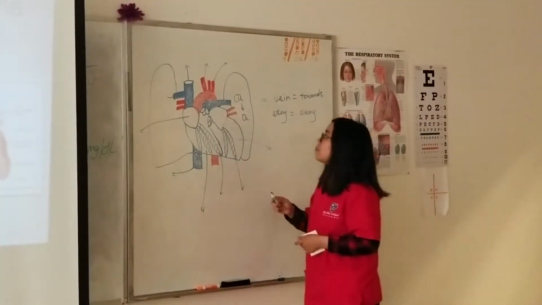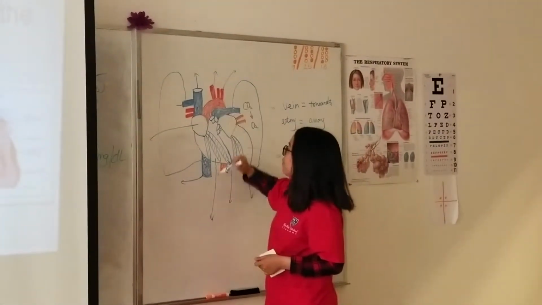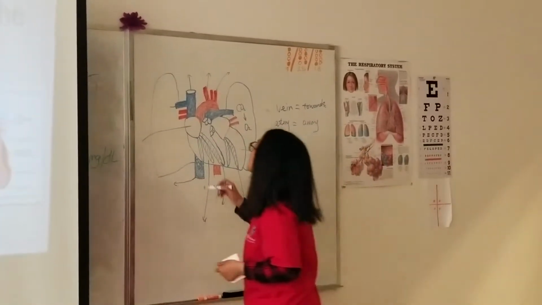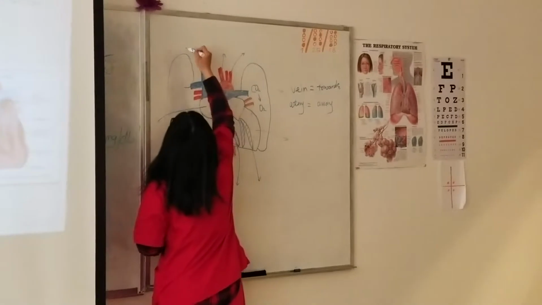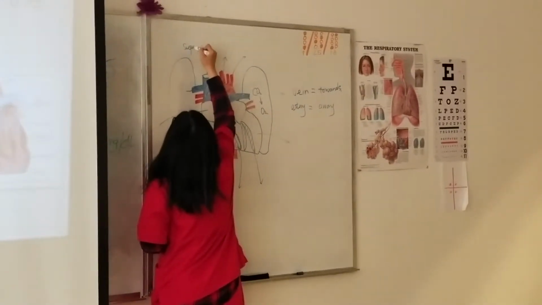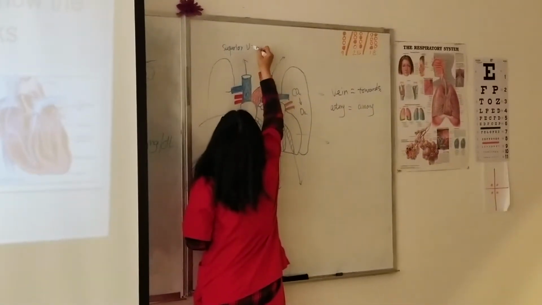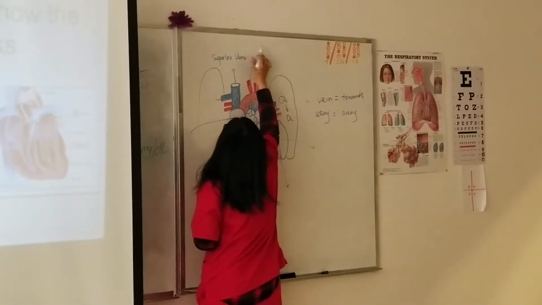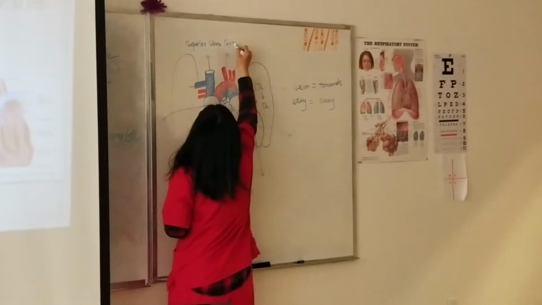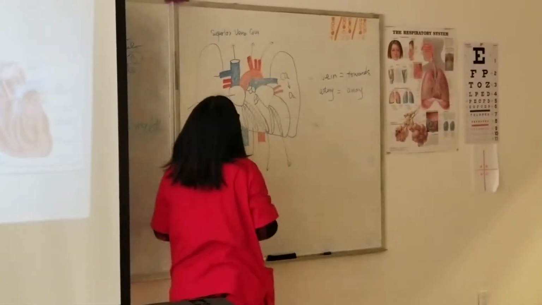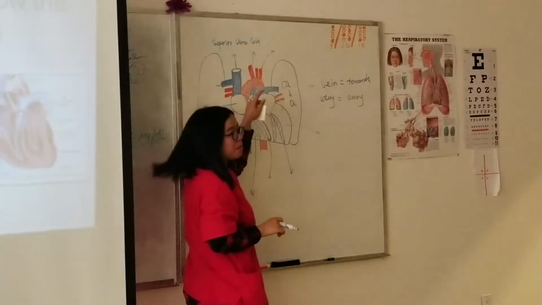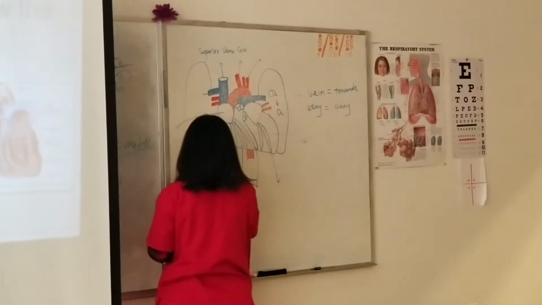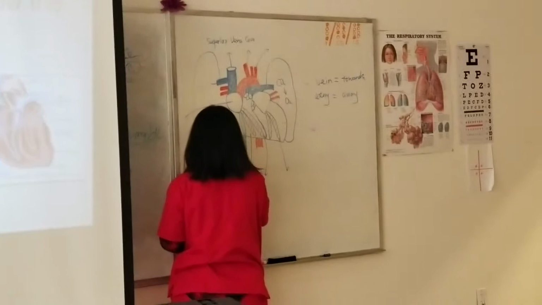So now the blood goes through these two veins, and the names are the superior and the inferior. As the doctor mentioned before, superior means the upper one, right? And this one is the inferior.